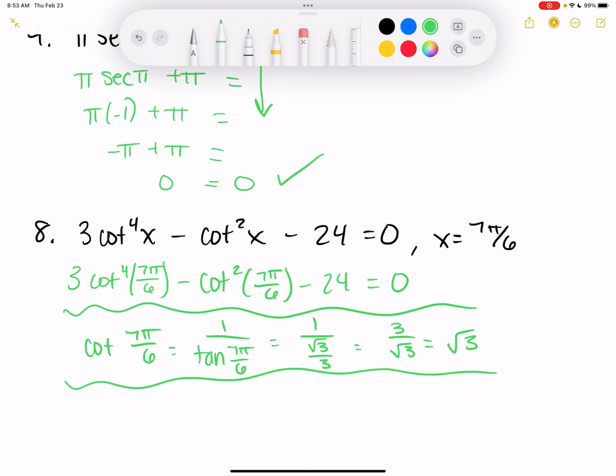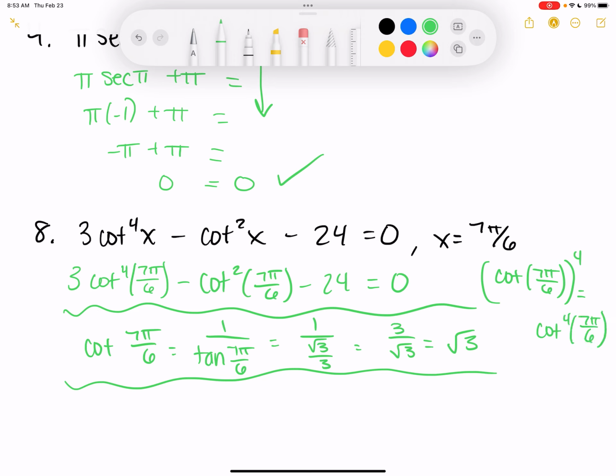So now I'm going to replace cotangent of 7 pi over 6 with the square root of 3. And then I'll just be raising it to the 4th power. Cotangent of 7 pi over 6, all of this raised to the 4th, is the same as cotangent to the 4th of 7 pi over 6.